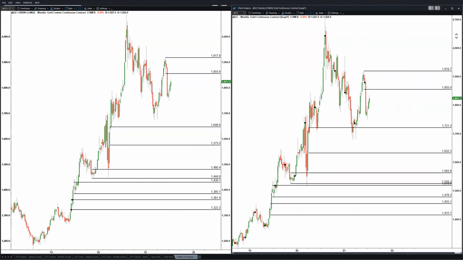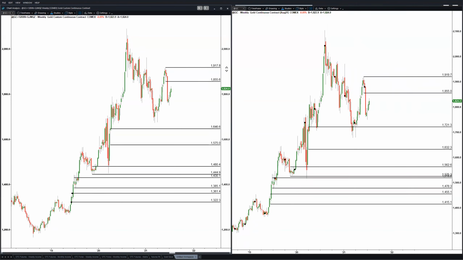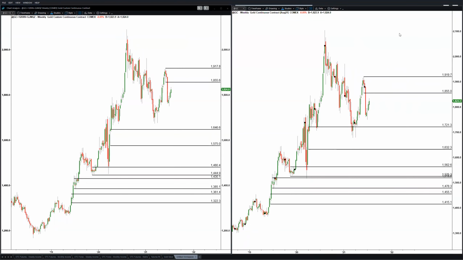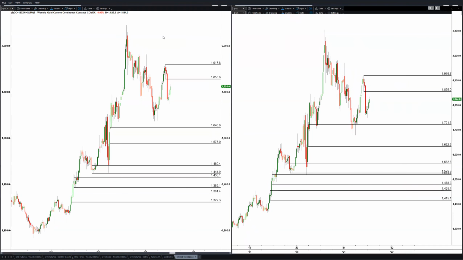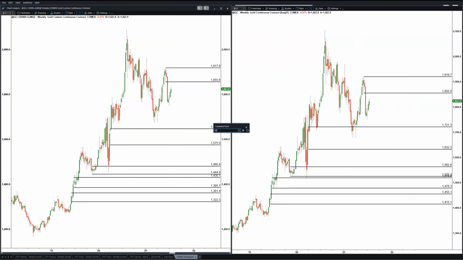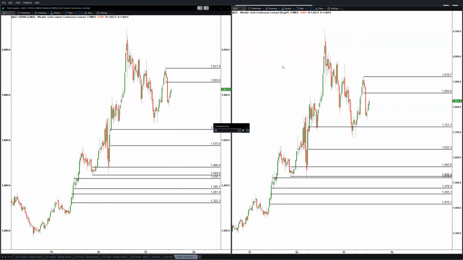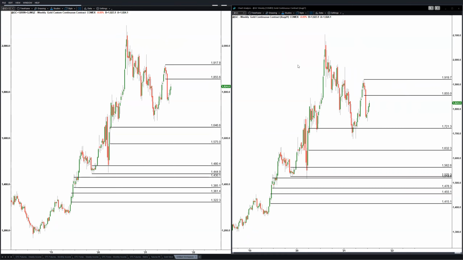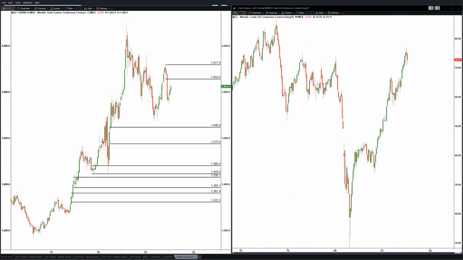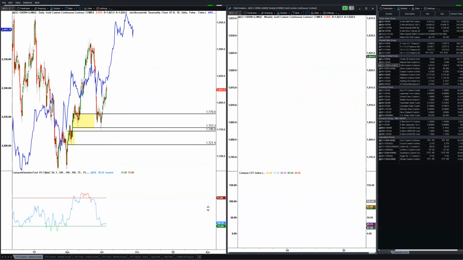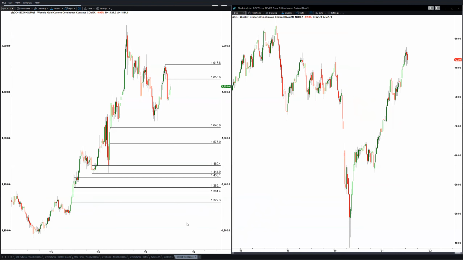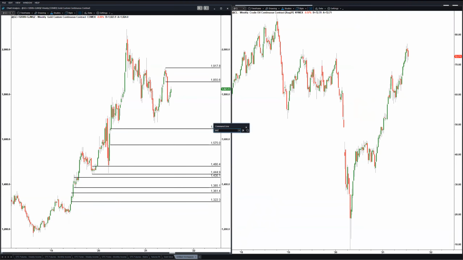Now, if we look at CL, one second. If we look at CL, this is where we can see one of the biggest differences when it comes to adjusted and unadjusted chart. So it's CL equals 103 XN, yes. At CL equals 103 XN.